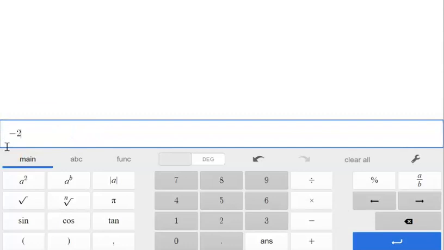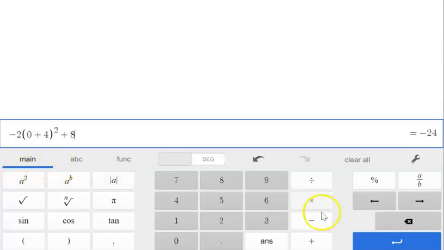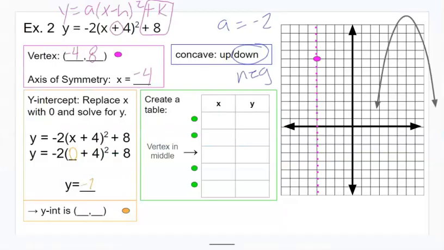We have negative 2 times 0 plus 4 squared plus 8, and that gives us negative 24. So our y-intercept is 0, negative 24. And again, we don't have space to graph it, so we just will not graph that y-intercept point.